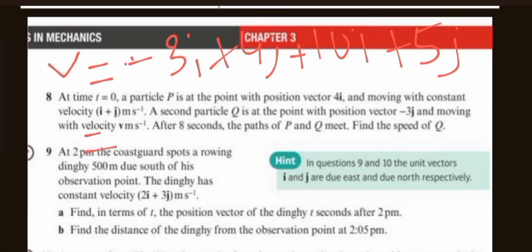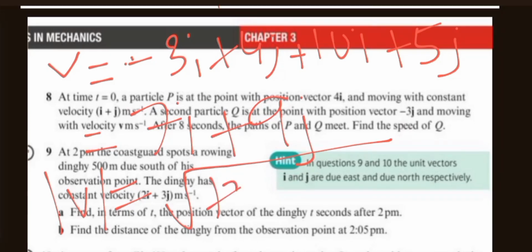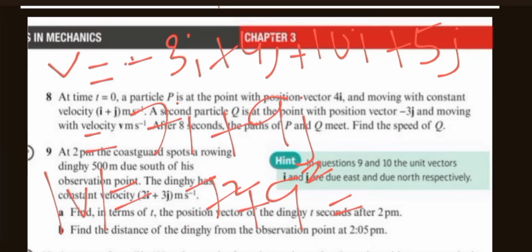So if we simplify it, then it is 7i plus 9j. And if we find the speed, we're going to find its magnitude. That is 11.4 meter per second.